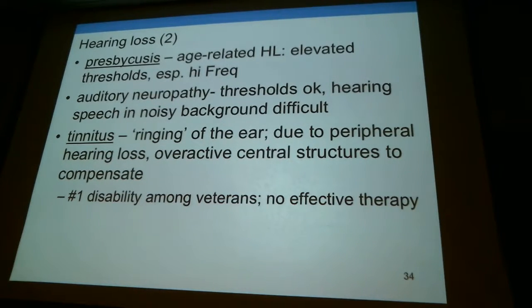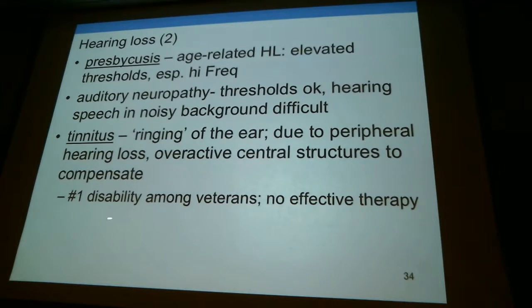It's very annoying, and it ranges anywhere from mildly annoying to actually debilitating. The idea is that you've had some sort of loss at the periphery, and your central structures are trying to compensate for that loss of input.